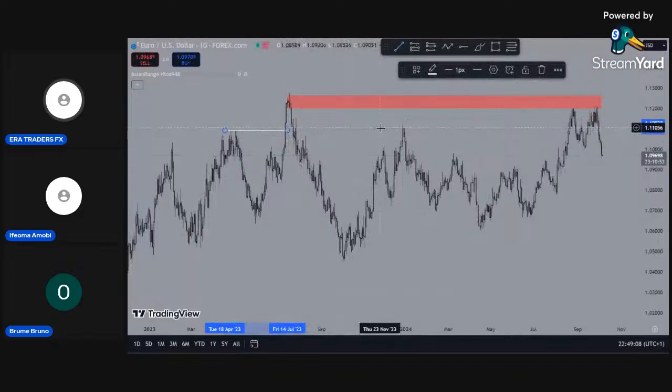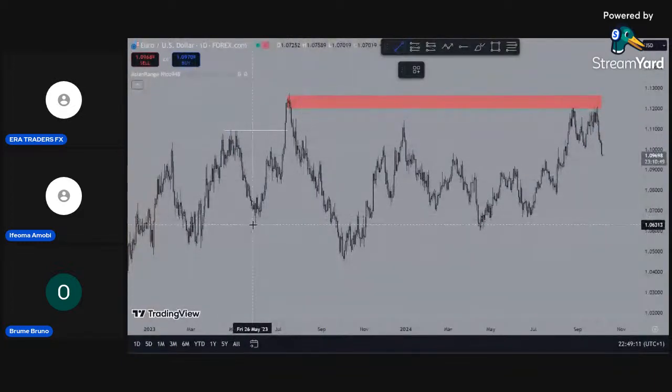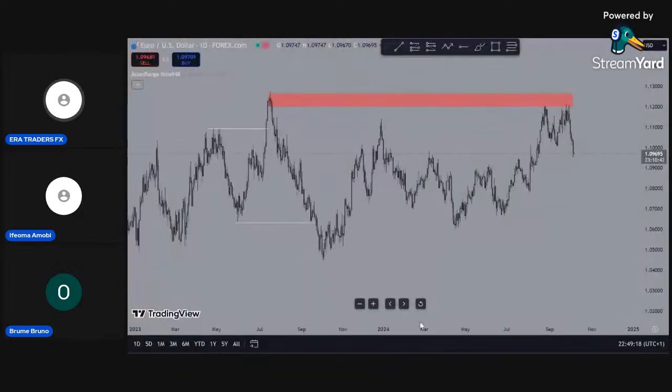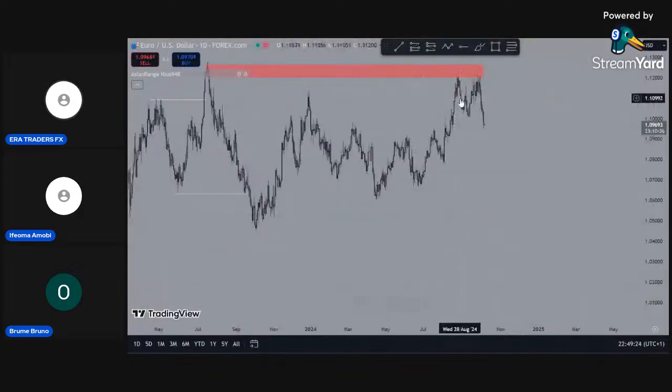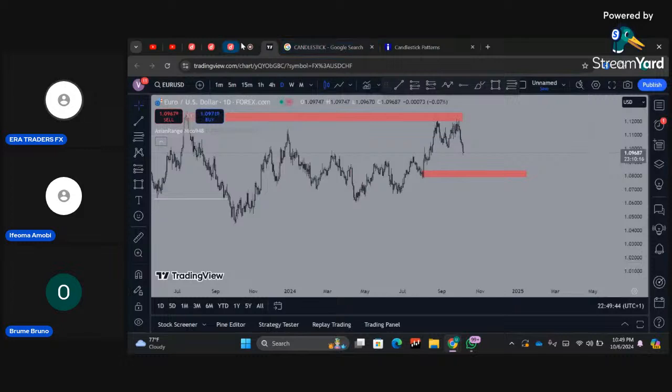So we saw this break of structure, then we saw this break of structure to the downside, a change of character to the downside. But then again, this structure, I'm not too okay with it. Let's see how this will go. It might just keep on dropping. This is a clean double top. So price might just drop to the downside around here. So just keep your fingers crossed, something around here. We should see a reaction to the upside again. But I'm still kind of bullish.